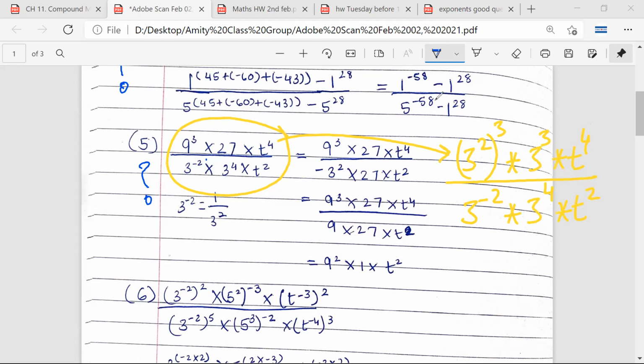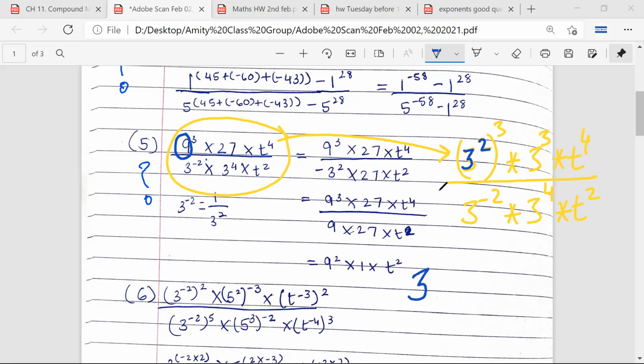Aishwarya ji, any doubt about this? Sir, I didn't understand what you did by that 3 square and then raised to 3. But I understood the 9, rest. Yeah, this 9 that I have written as 3 square. Okay. And why am I doing this? To make it equal.